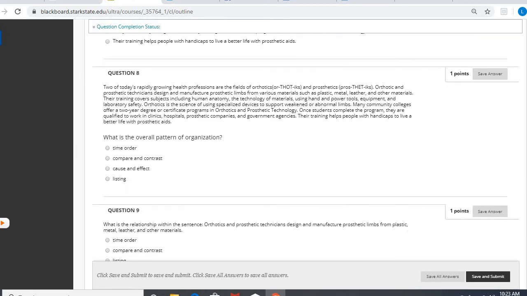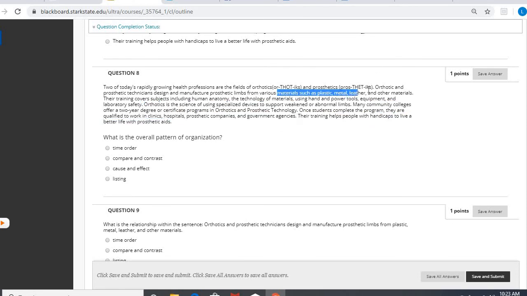Question 8, what is the overall pattern of organization? Now again, this is something we haven't got to yet, so I can understand if you're like, I don't know what this is. So we're going to look at this, and I'm going to point out some things, and you'll see this in a future paragraph. We will talk about this. If we look here, specifically right here, we have an example of this.